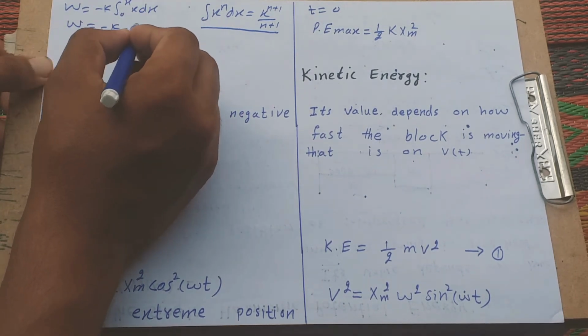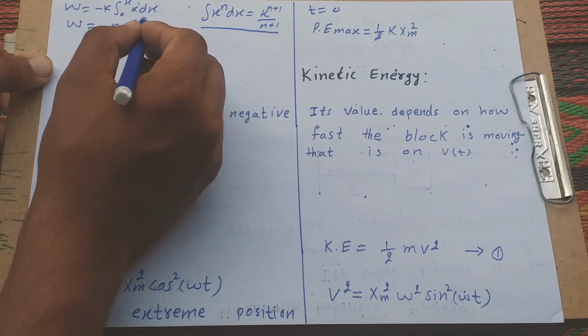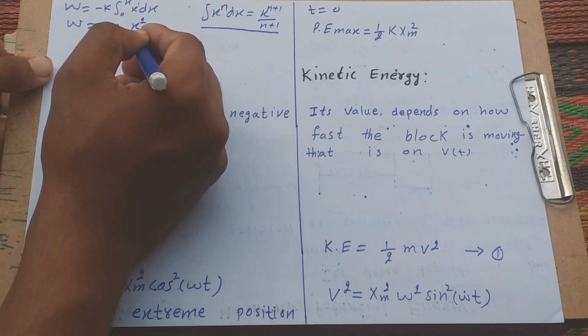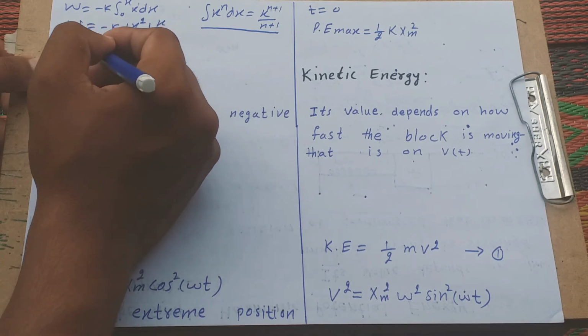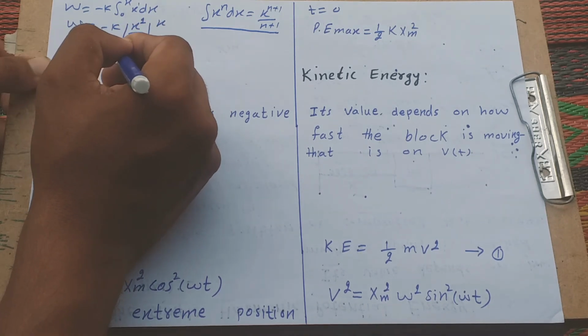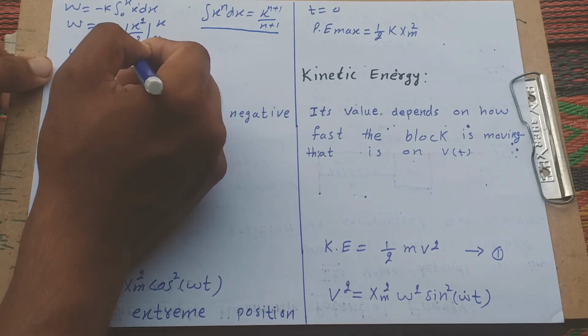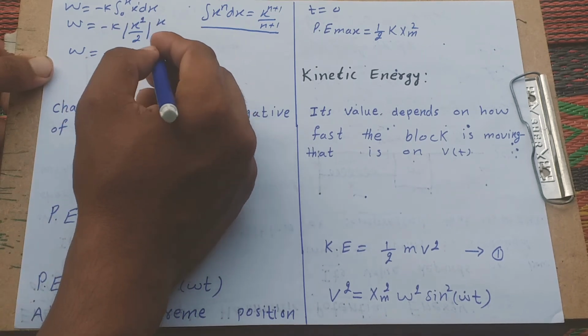K is a constant. Integrating x, whose power is 1, we add 1 to get 2 and divide by 2. This is the limit 0 to x. Putting in the limit, this is the final limit and this is the initial limit, which is 0.